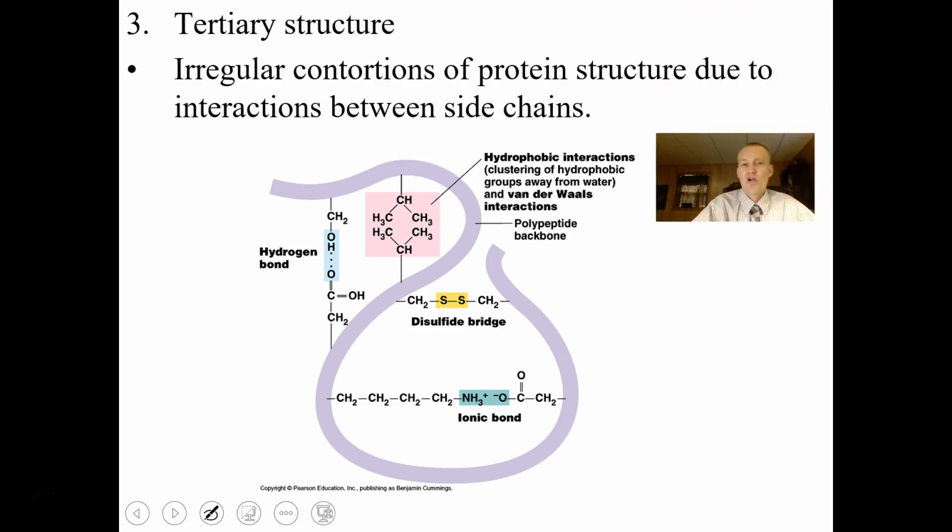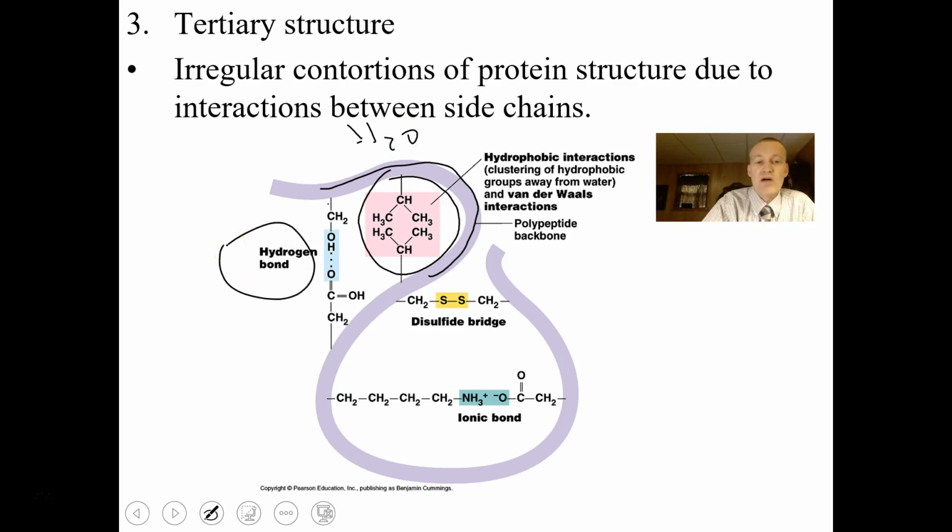Tertiary structure is the irregular contortions of a protein due to all kinds of interactions. So if you have amino acids that are hydrophobic, they'll actually cause the protein to coil so that it will shield that particular portion of the amino acids from water. Sometimes we have hydrogen bonds that will form little kinks and coils.